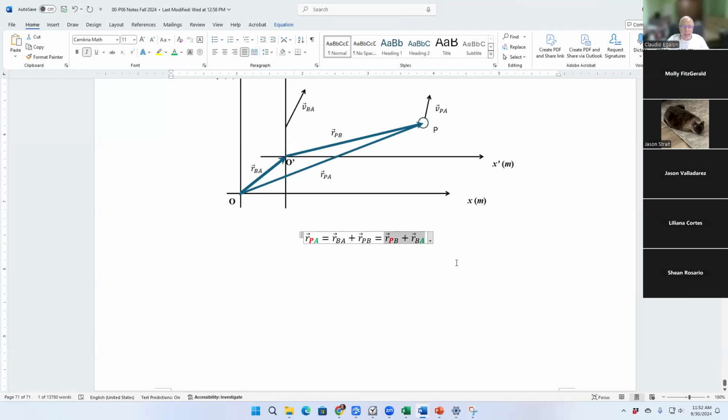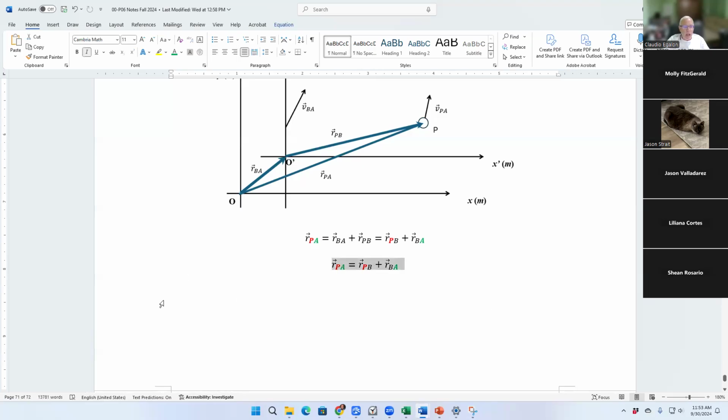So now that we got that, and remember, I want to find the velocity of point P with respect to B, right? How do we do that? Let me here write this equation. Now I'm going to get rid of this middle term, right?